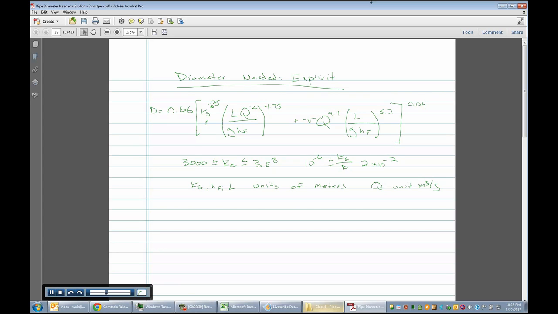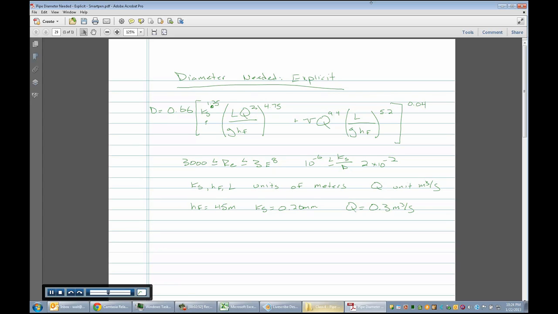For the previous example, we were working with an h sub f of 45 meters, a K sub S of 0.26 millimeters, and a Q of 0.3 cubic meters per second.